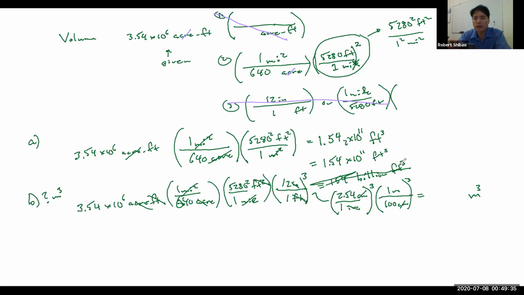So how many is that? 4.366 billion cubic meters, or times 10 to the 9th. And so, with sig figs, I'm allowed 4.37 billion cubic meters. That's it.